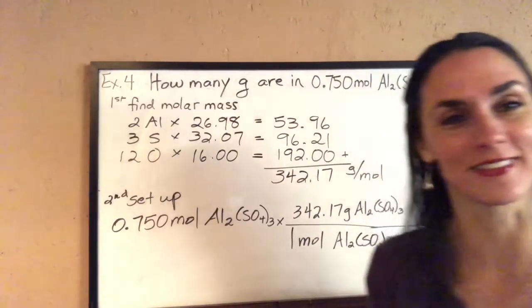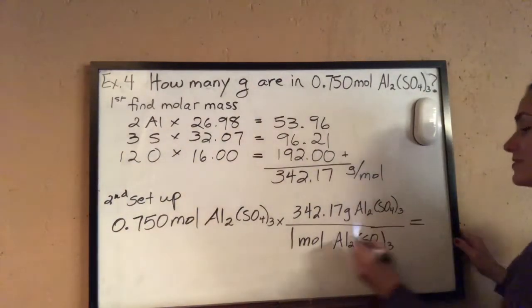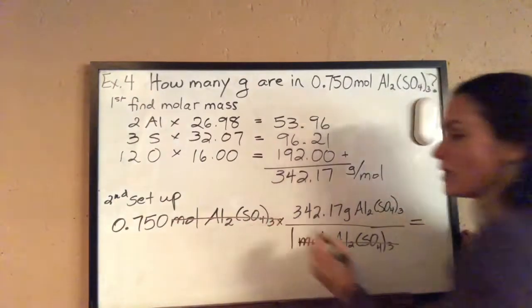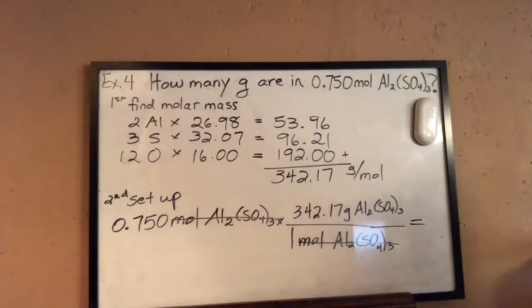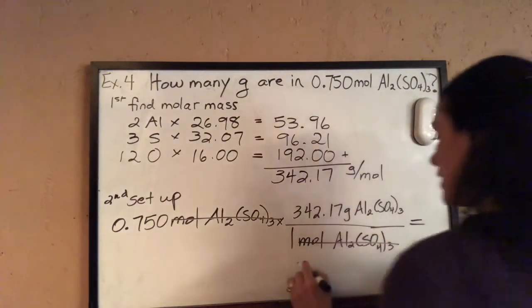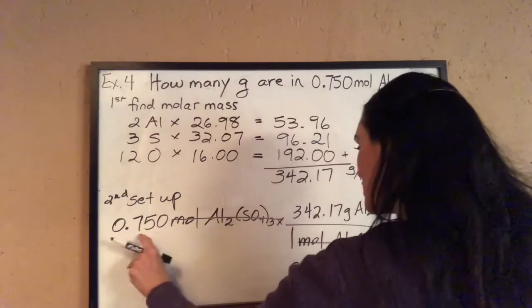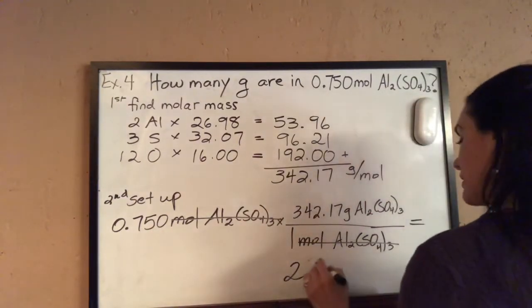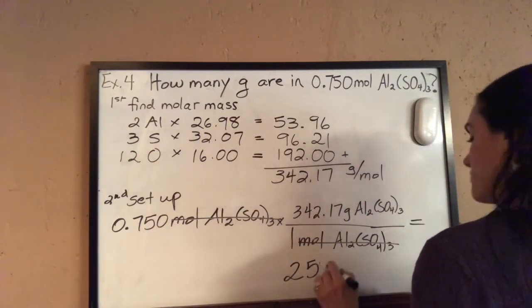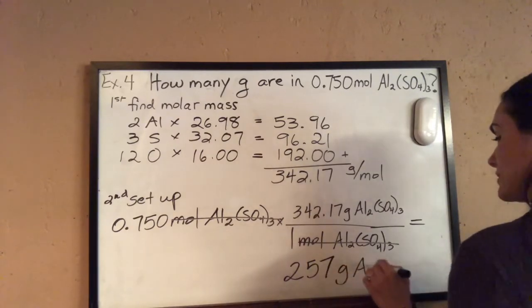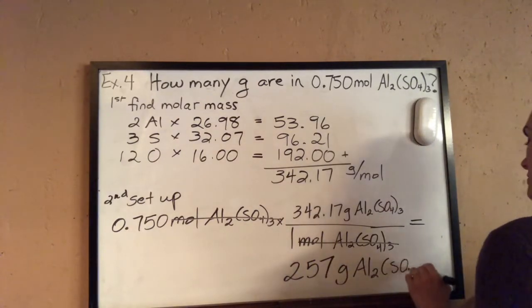Sulfide and sulfate are different, yes. Units of moles cancel out. Your overall answer with 3 significant figures like the initial measurement, 257 grams of aluminum sulfate.